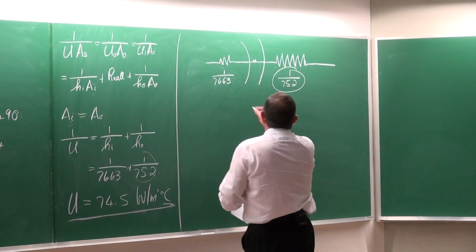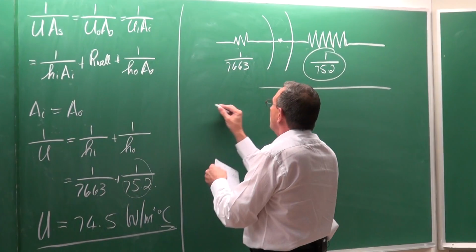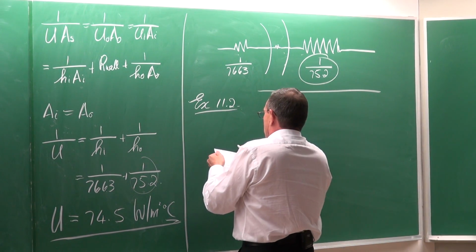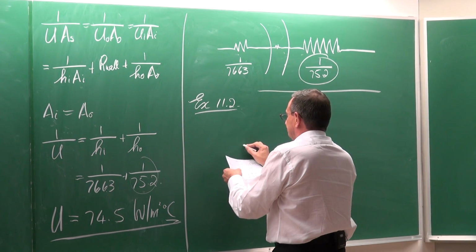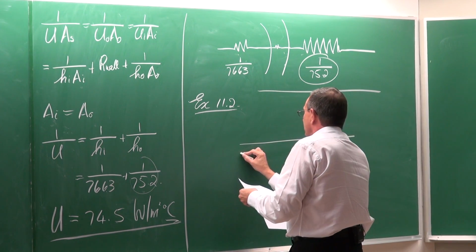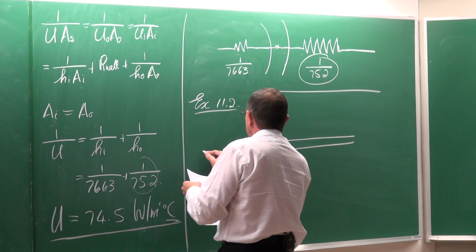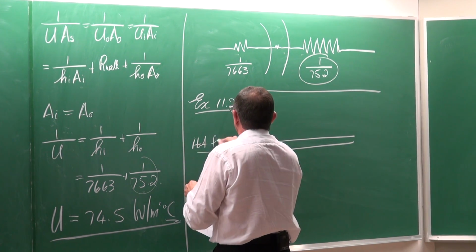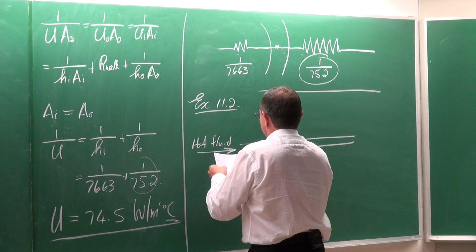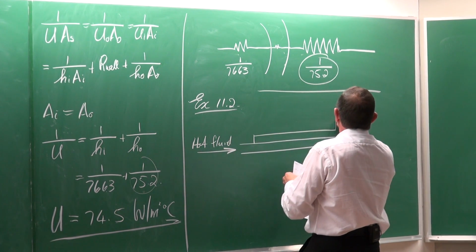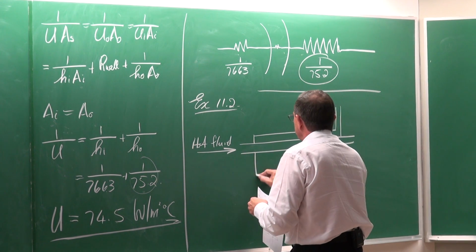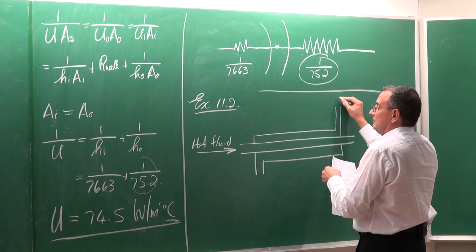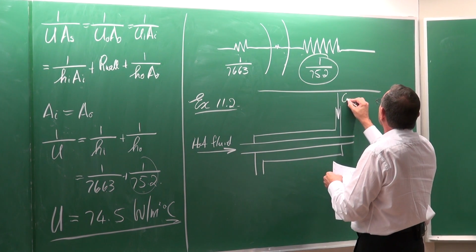Let's look at another example, example 11.2. With this example, again a tube-in-tube heat exchanger. This is a hot fluid. It's a counterflow heat exchanger, and there's the cold fluid.